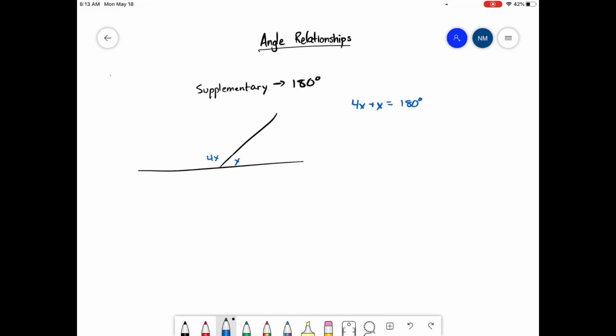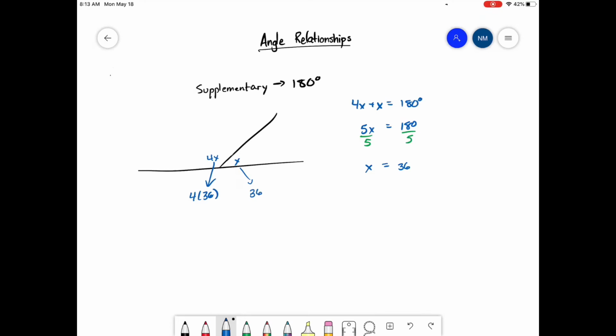We combine our like terms. And then we divide by our coefficient of 5. And we get an answer of x is equal to 36.